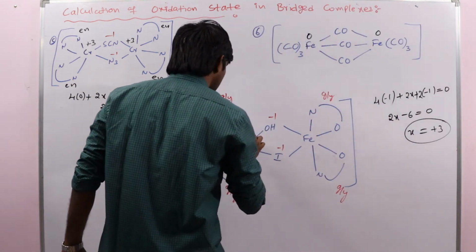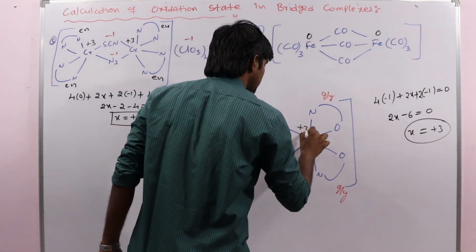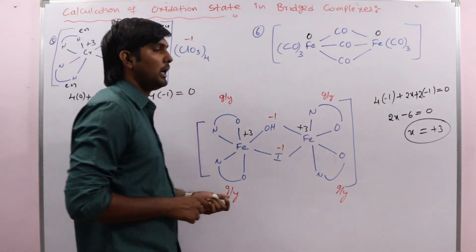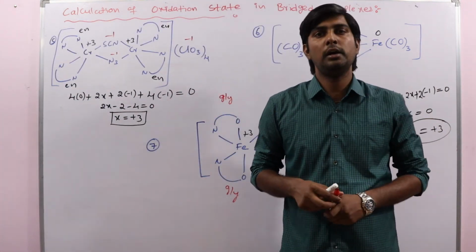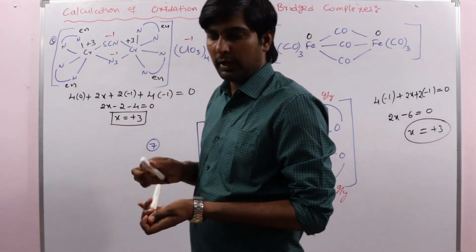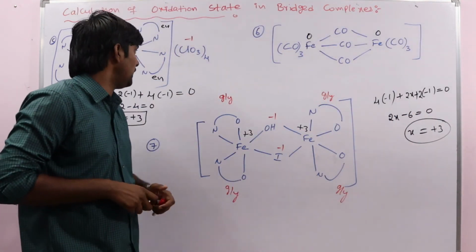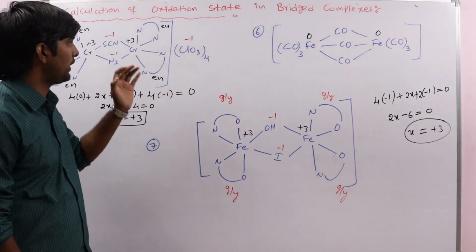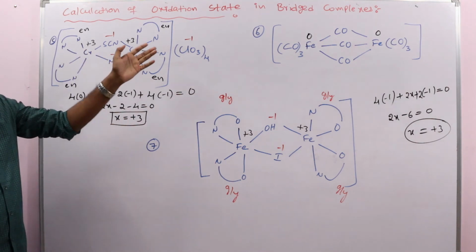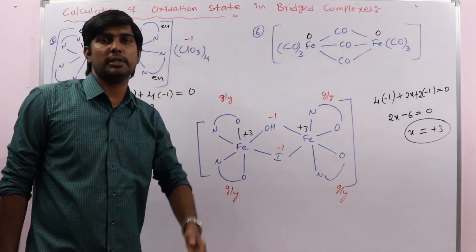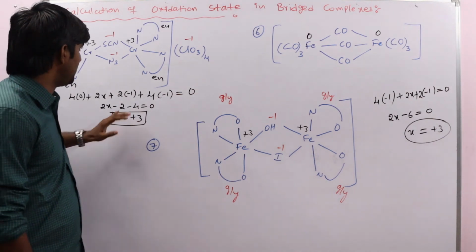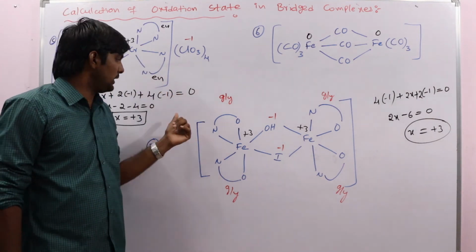Okay, so oxidation state of iron, this one is +3, this is also +3. Okay, clear? So in this way we can calculate oxidation state in the bridged complexes. Okay, whatever it may be the type of complex, the first thing is that you must be able to identify which type of ligand is that, neutral, positive or negative, what is the charge present on the ligand, then only we will be able to calculate oxidation state of the metal easily, right?